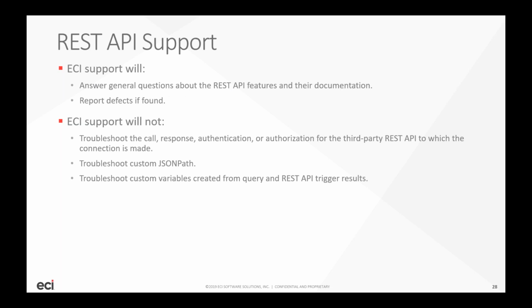But support is not expected to troubleshoot the call response, authentication, or authorization for the third-party REST API to which the connection is made. We're not troubleshooting any customization of the JSON path or any custom variables created from query or REST API trigger results. So in essence, the parts of the REST API beyond our control are not expected to be supported.